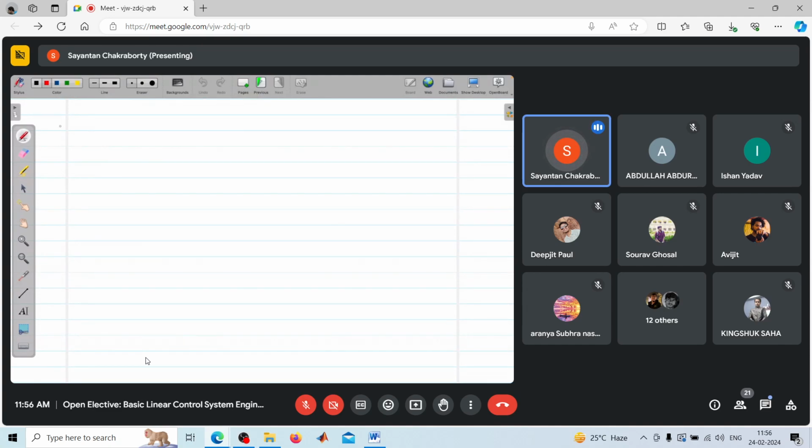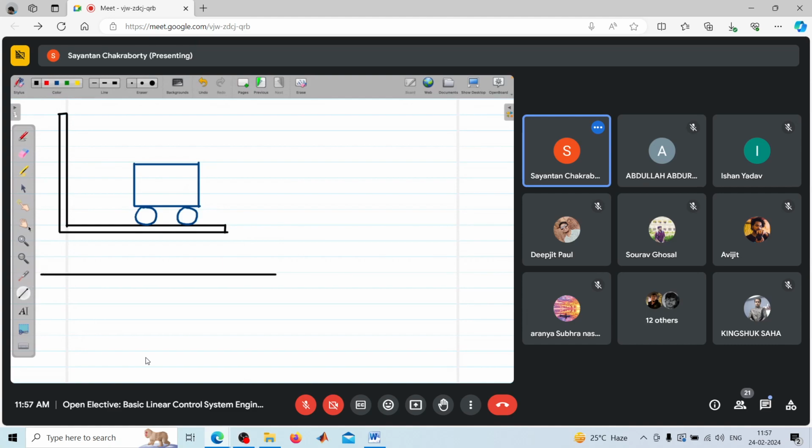So the first example is a very basic mechanical system that consists of a mass, which is free to move on this, and this is also.